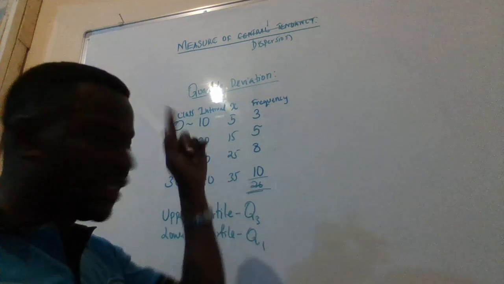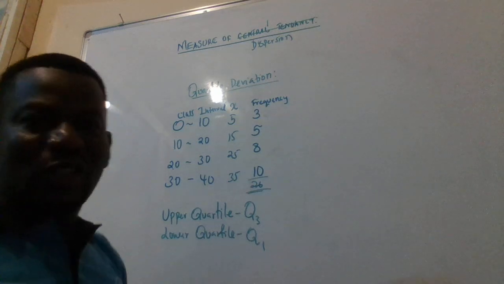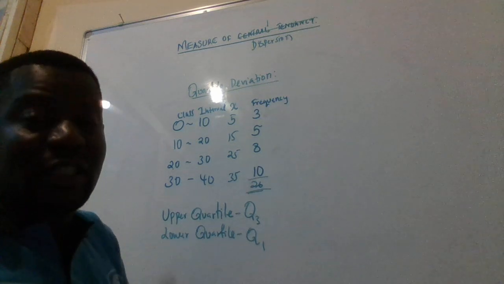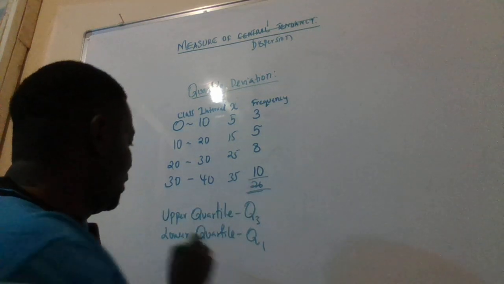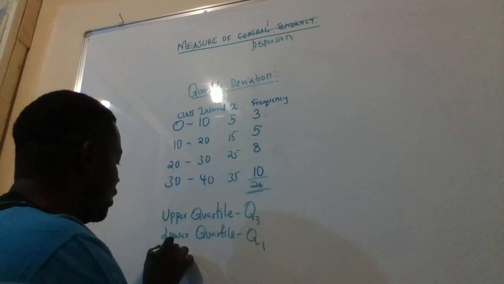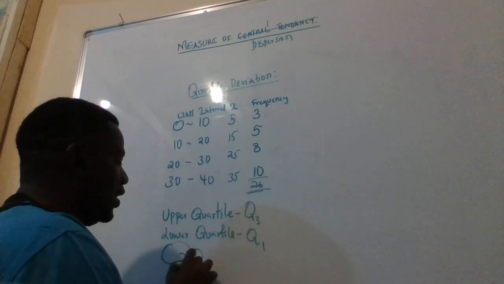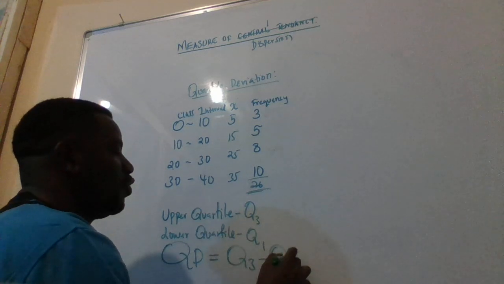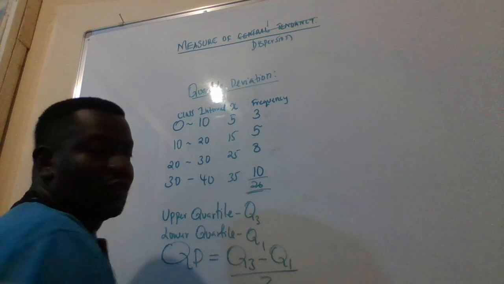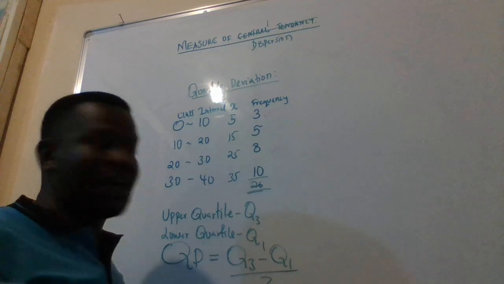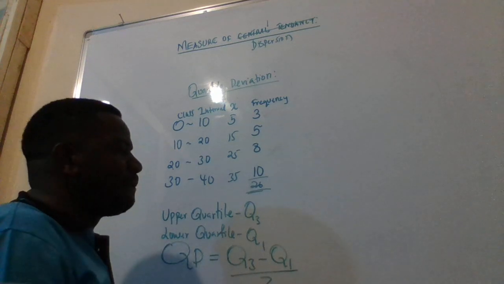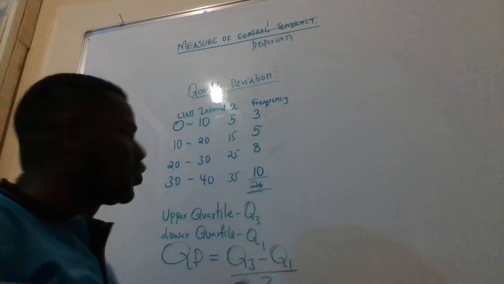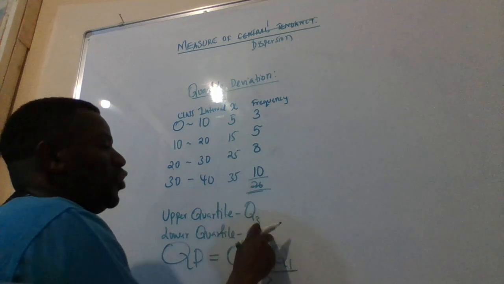So if you are asked to calculate quartile deviation, QD is equal to Q3 minus Q1 divided by 2. That's how we arrive at QD. But the major thing is to get this Q3 and Q1.